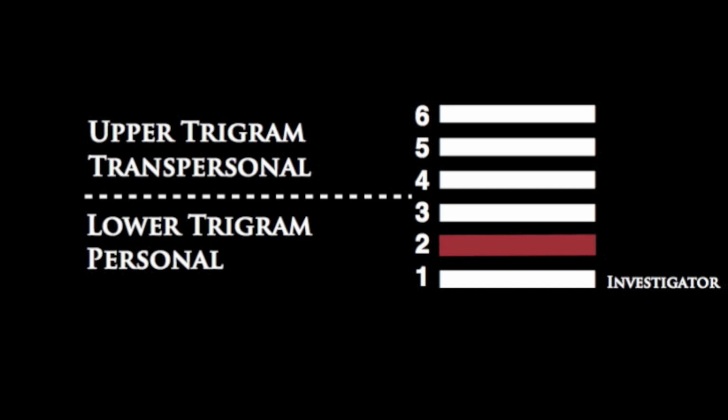One of the keynotes of the second line is the hermit, whereas a keynote for the first line is the investigator. The keynote for the second line is the hermit. And the hermit just sort of wants to be left alone to do his thing. They're really good at things, and they're still in the lower trigram quite a bit. They're not even bumping up to the upper trigram like the third line is.